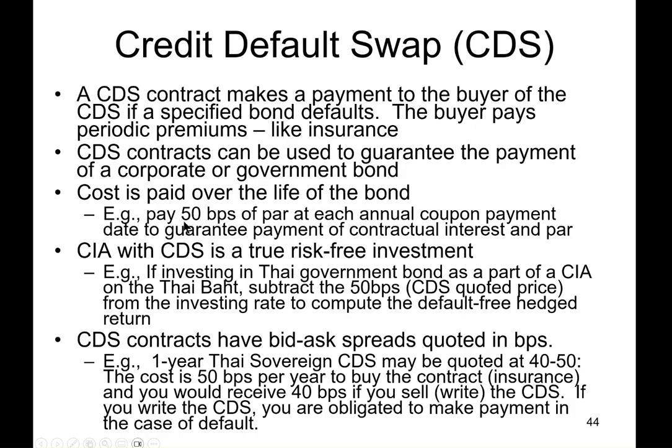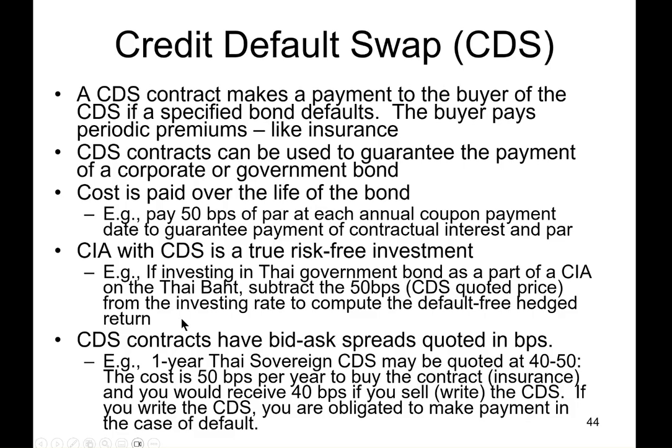So I pay 0.5% of the value of the Pakistan bond every year, and it guarantees me both the interest and par payments. So when we go back and think about borrowing dollars and buying a Pakistan bond, it wasn't exactly arbitrage because the Pakistan bond could default. We'll say that's not risk free. However, at the exact same time, you enter into a contract, a CDS, to guarantee the bond.